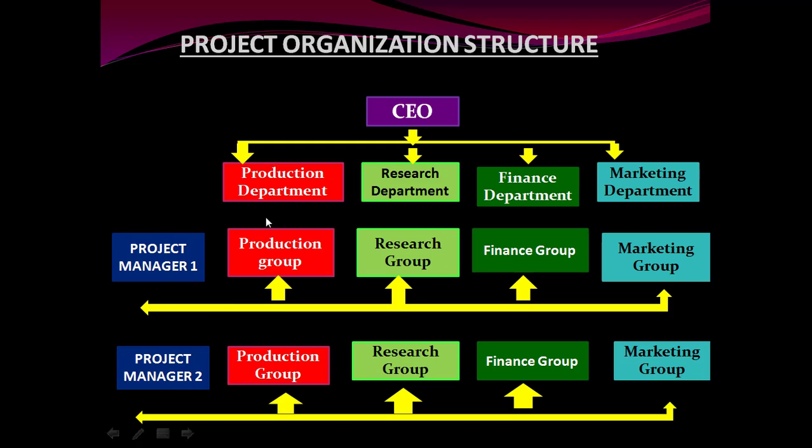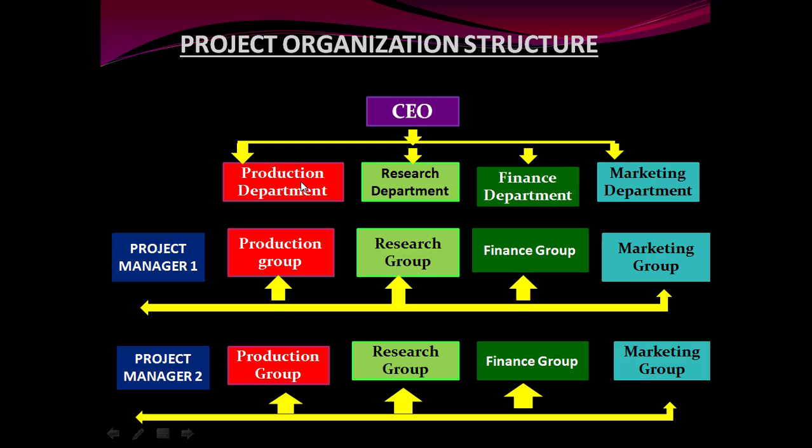And in the project organizational structure, people from each department will be taken, right? So in a project, if people from production department, research department, finance department, and marketing department are required, each employee will be taken from these functional departments and will be working under the project manager, as we can see in this diagram.